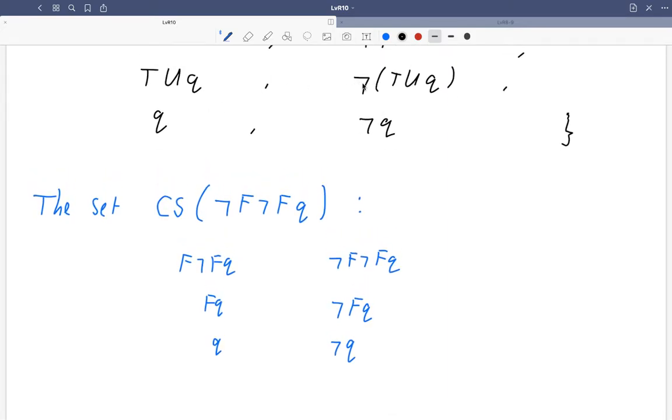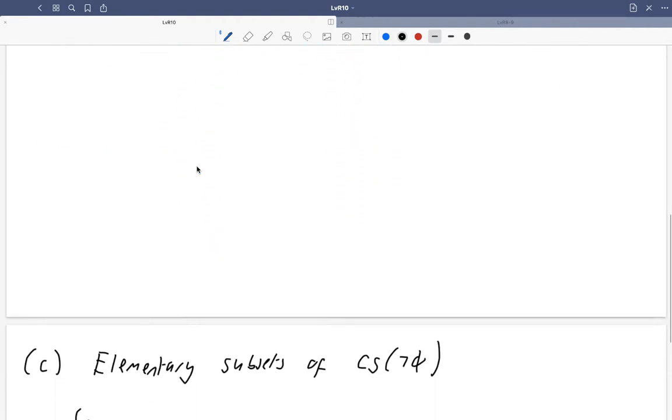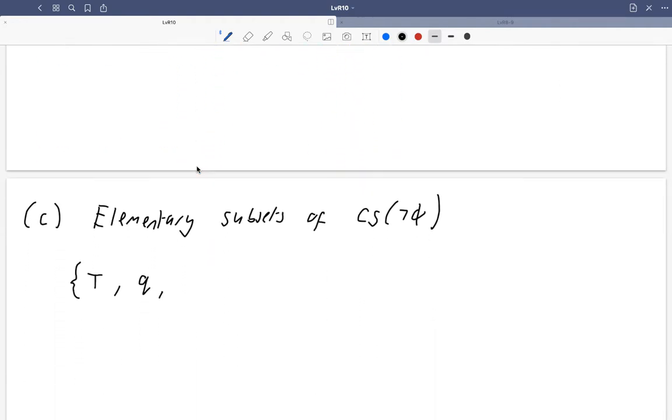So we can't put its negation in because we're forced to put true until Q in. This was one of our rules for the until operator, that if the right-hand side holds in an elementary subset, then so is the until operator, as long as that until operator is one of the complemented subformulas. So we have true until Q.